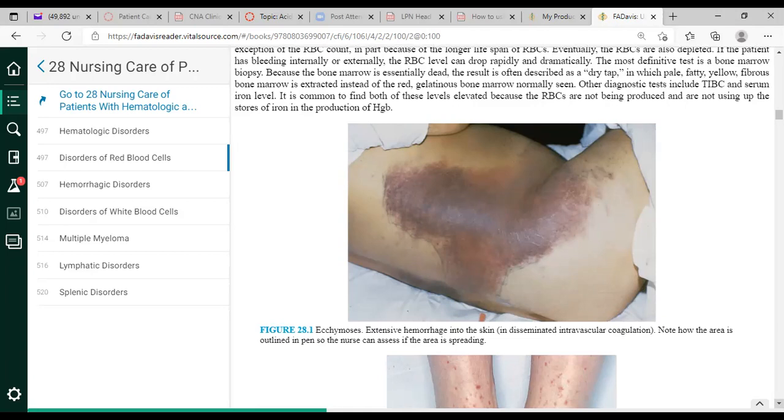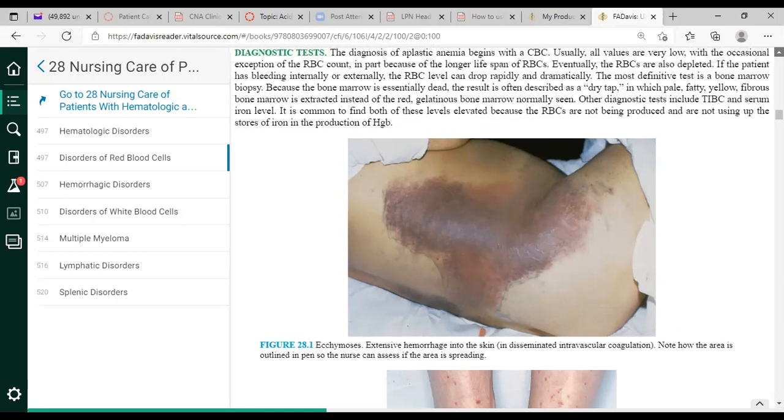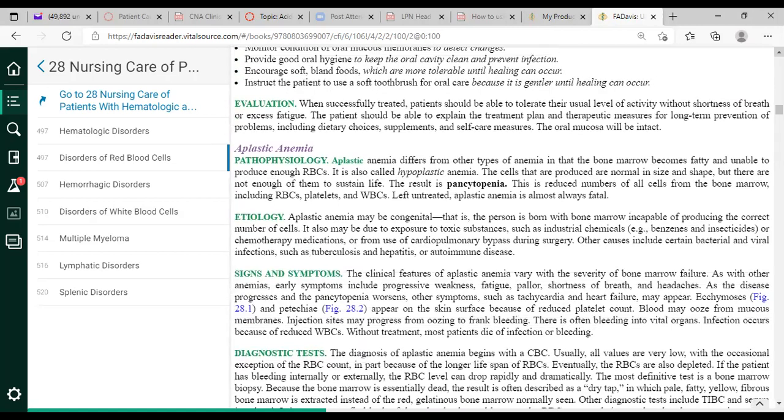And it's talking about aplastic anemia. With aplastic anemia, it's typically almost fatal, and it's where the body is not able to produce enough red blood cells.